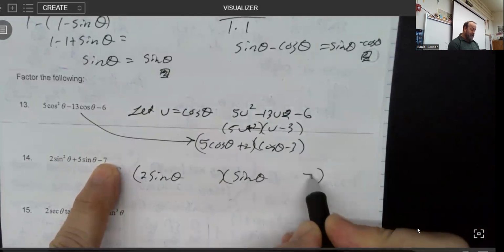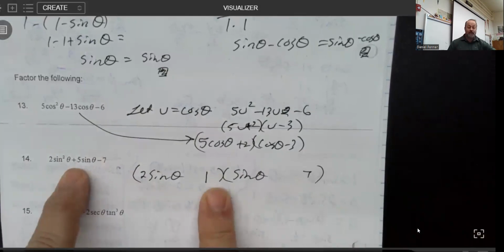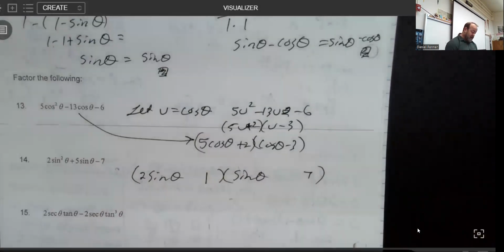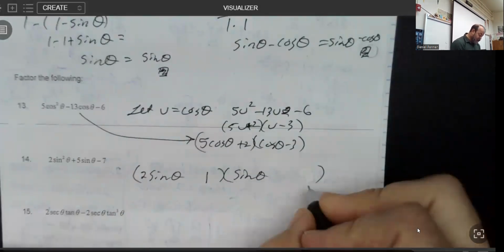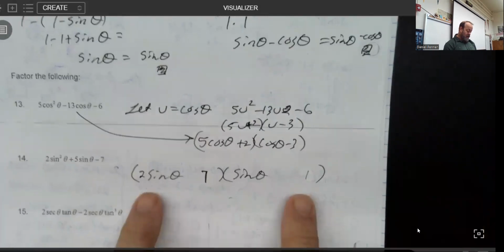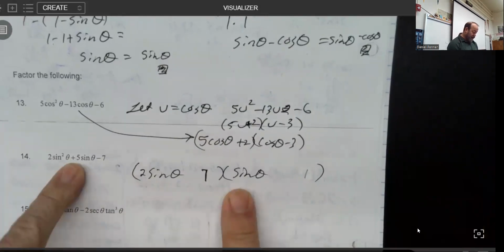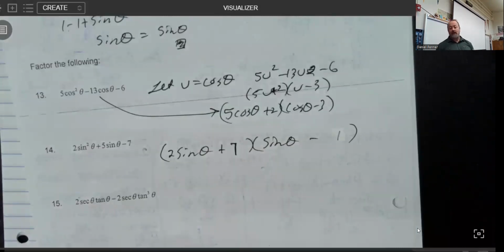But notice that if I put the 7 in that order, I'd get a 14 and a 1, and there's no way to get a 5 out of that. So instead, I'm going to make this one into a 1 and make this one into a 7 and see what happens. Now, I think a 2 and a 7 could make 5 if the 7 was positive and the 1 was negative, and I didn't have to take that intermediary step.